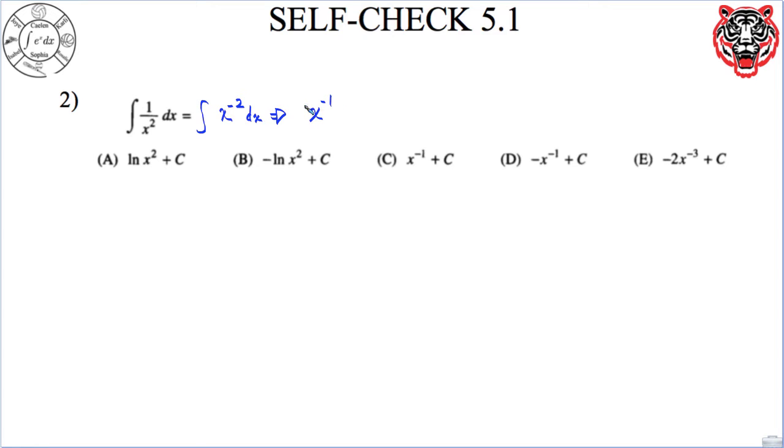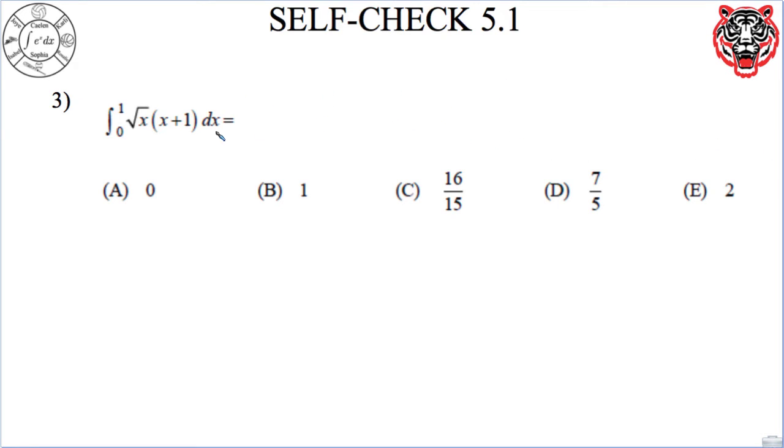And don't forget to divide down, so if I divide by negative 1, that's the same thing as saying negative 1 times x to the negative 1, so negative x to the negative 1. And don't ever forget your plus c. So there it is, D.